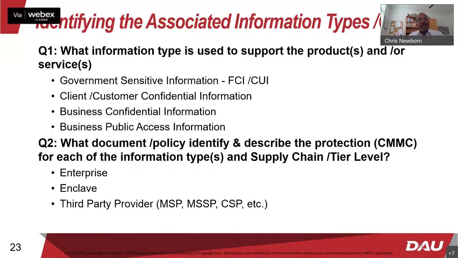Just imagine you have your government sensitive information, your client customer information, your business confidential information, and your business public information all on the same network. It's all flat. And then all the adversary has to do is pretend they want to be a client or customer. They get onto your network and then they have control of all the information.